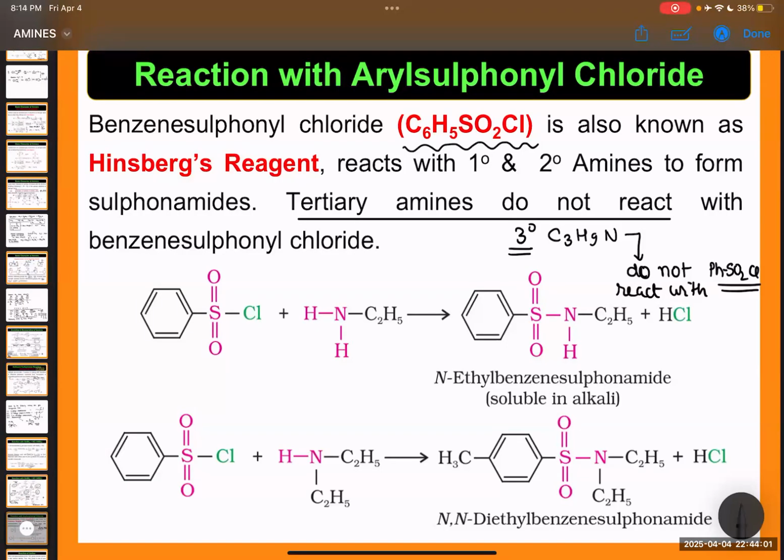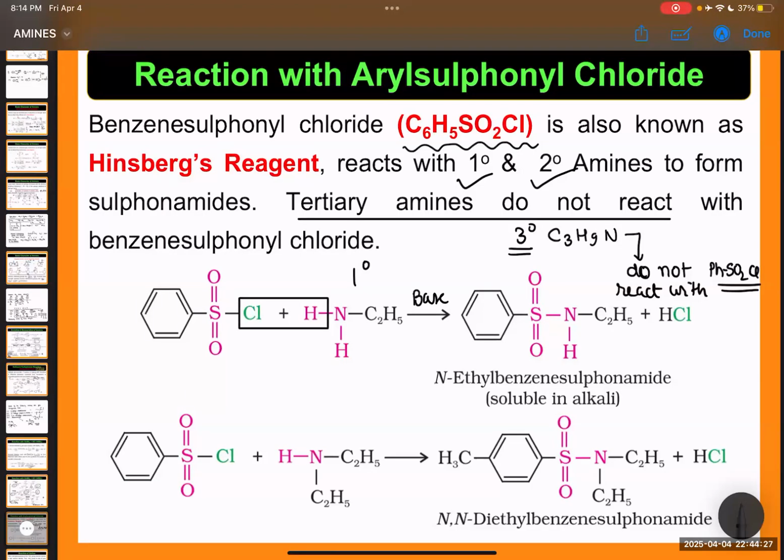Primary and secondary amines can react because primary has 2 hydrogens, secondary has just 1 hydrogen, so they can react. You can see here the primary amine, and it can react with the Hinsberg reagent. HCl will be removed by base.